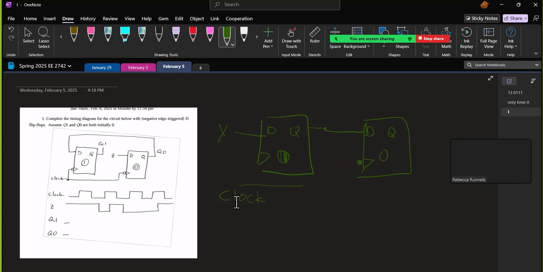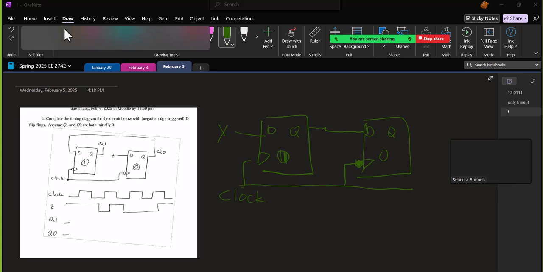I think I know what this is. Give me 1 second. I'm going to make them positive edge triggered. That shouldn't make much of a difference. So forget that little dot there.